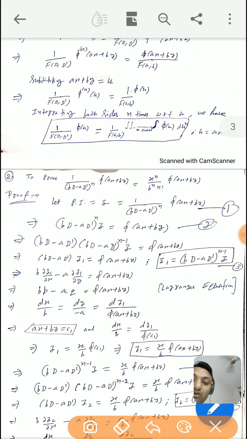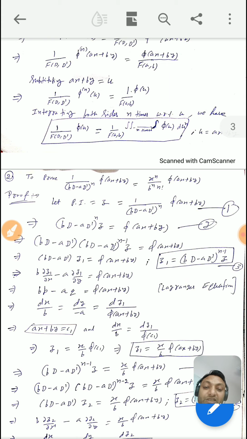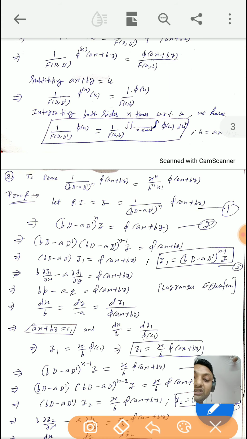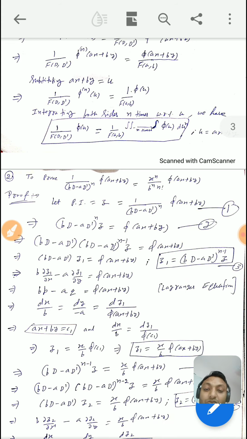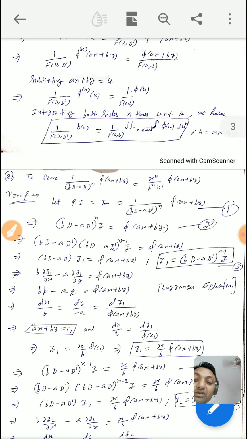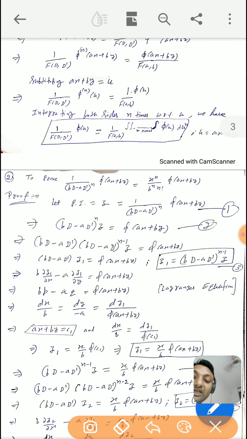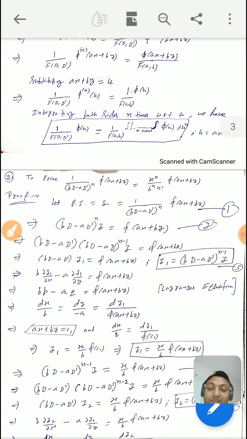So now we multiply the operator (bD minus aD dash) power n on both sides. Multiplying by this (bD minus aD dash) power n on both sides, we get this equation number 2. Now we further divide this power n into two parts. One is (bD minus aD dash) into (bD minus aD dash) power n minus 1 operating on z is equal to phi of ax plus by.